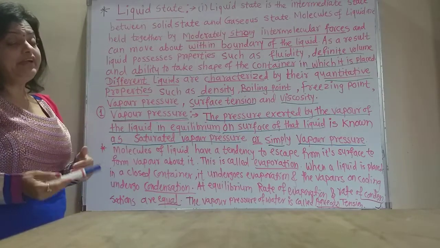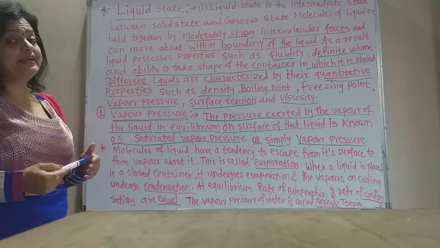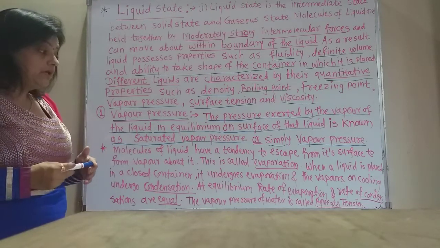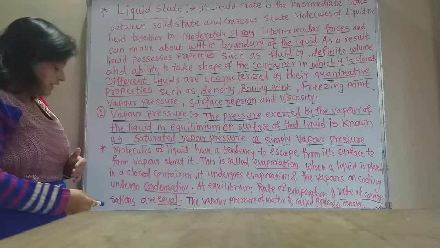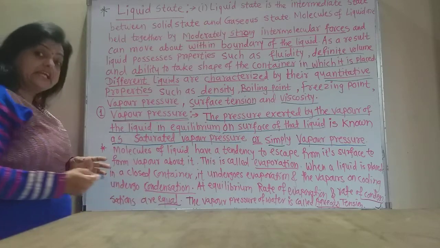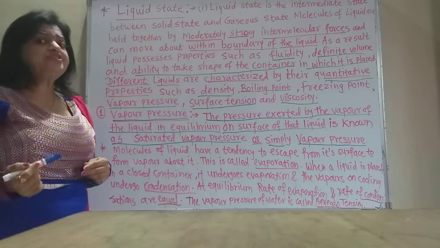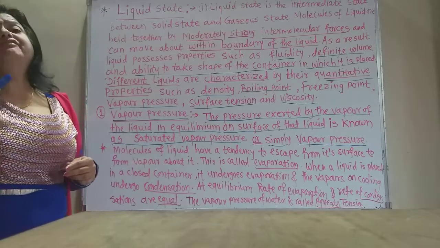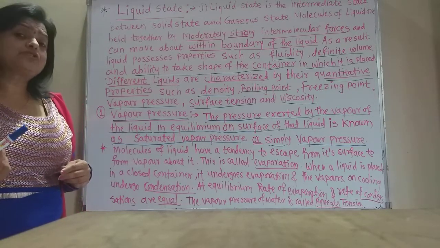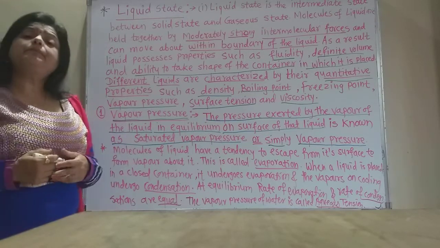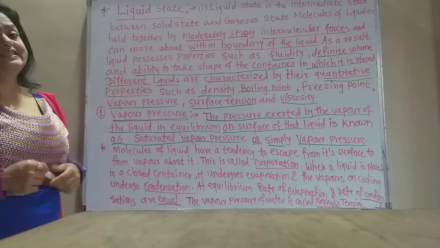At equilibrium, when the rate of evaporation and rate of condensation become equal, the pressure exerted by the vapors of that liquid on the surface of the liquid is called the vapor pressure. The vapor pressure of water is generally known as the aqueous tension.